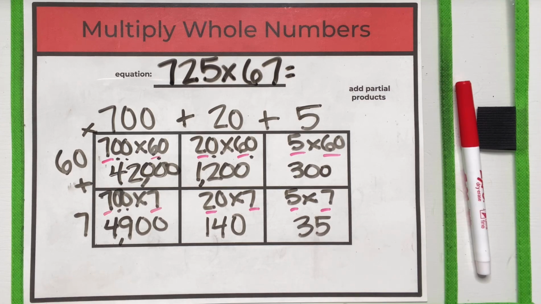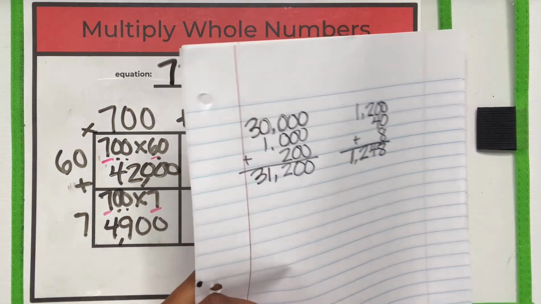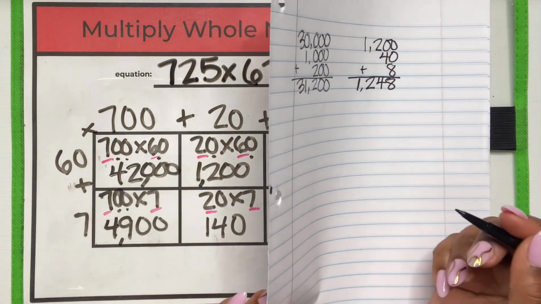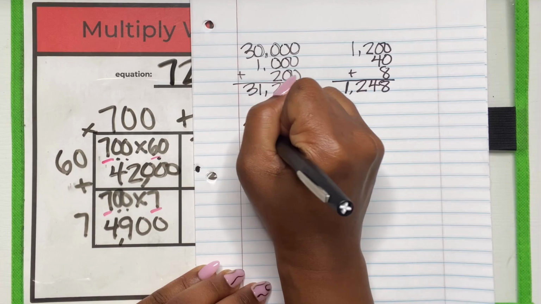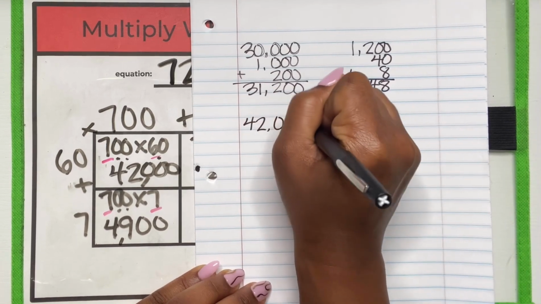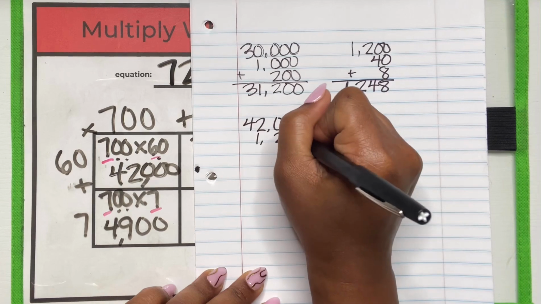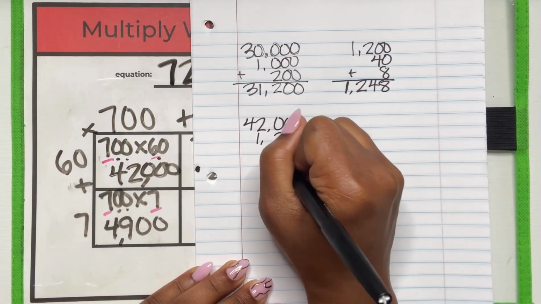I'm going to take the first 3, 42,000, 1,200, and the 300. 42,000, 1,200, and 300.